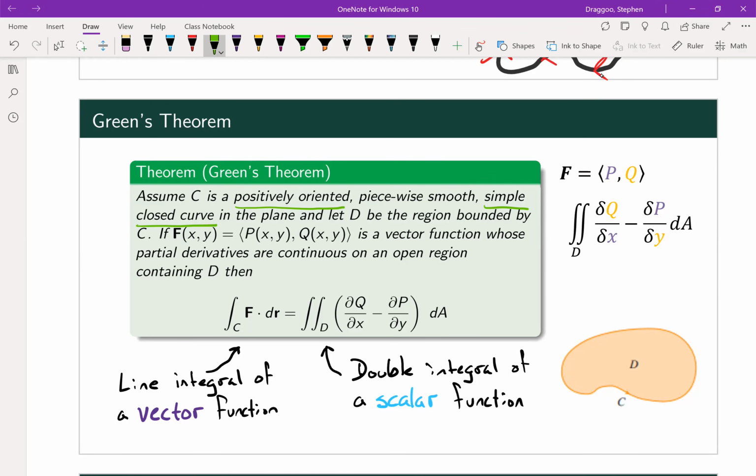And the statement itself of Green's theorem looks a bit confusing at first, but we're going to hopefully dissect that in a minute. So if we again check over to the right, where we've got these couple of color codings listed, I'll define F, that vector function, as having components P and Q, and color code them the way I've been color coding them, with purple for X and orange for Y.